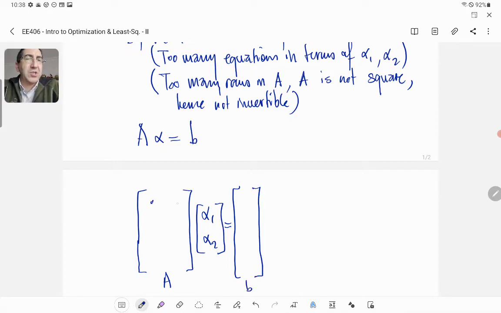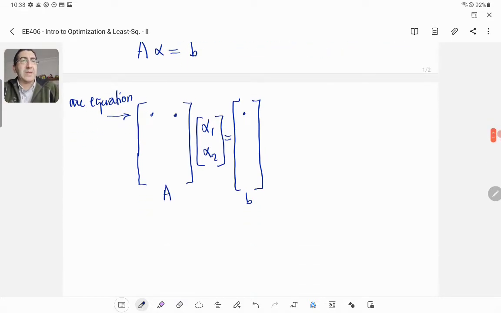Each equation fills one line of that matrix equality. So in this case we have A being an m by n rectangular matrix.